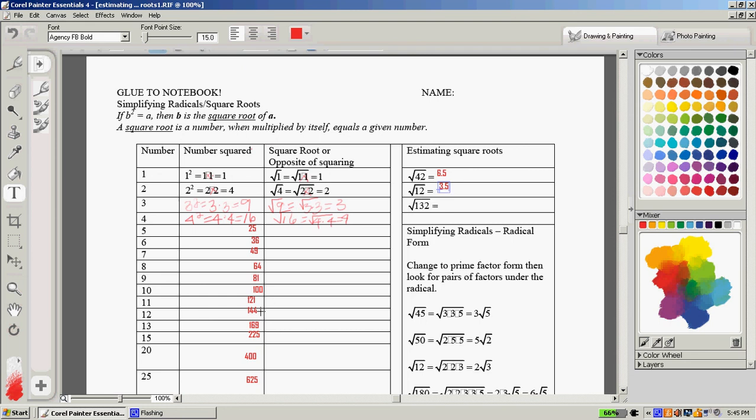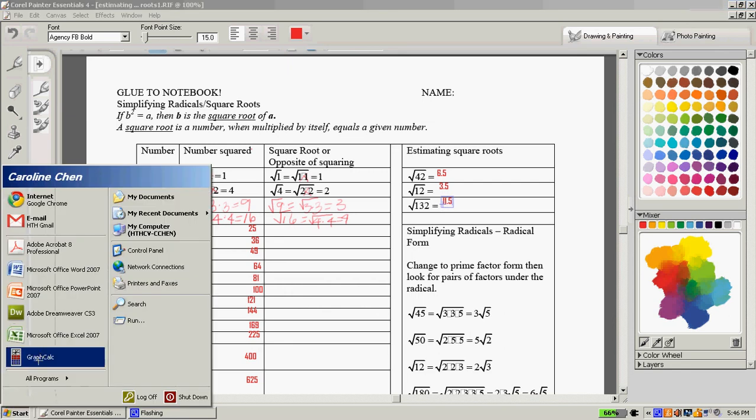And again, the square root of 132 is between 121 and 144, which is between 11 squared and 12 squared. So we can guess that this is probably around 11.5, or between 11 and 12.